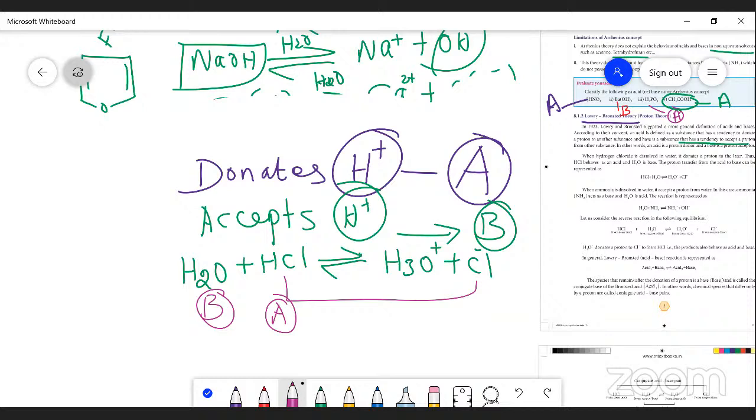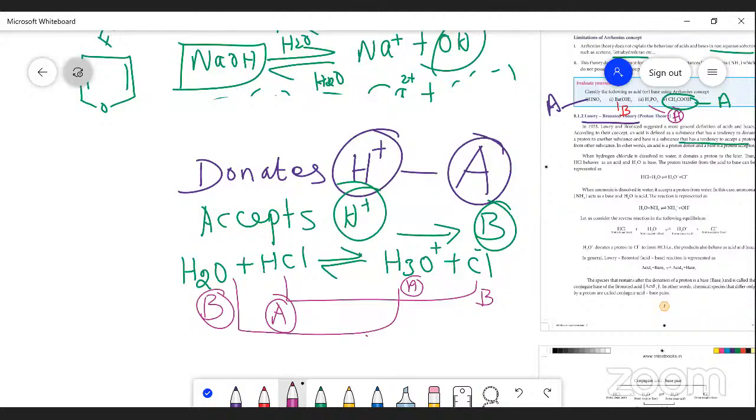Since HCl is releasing the proton and H2O is accepting it, H2O is the base. When an acid releases the H plus ion, it becomes a base. When a base accepts the H plus ion, it becomes an acid.